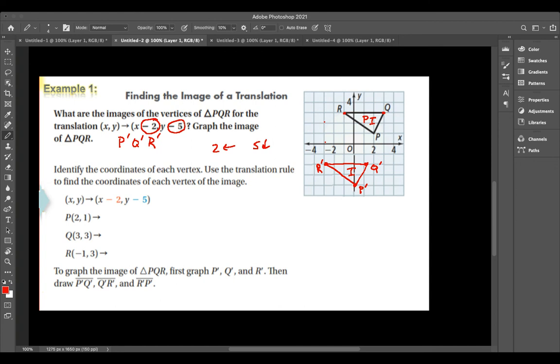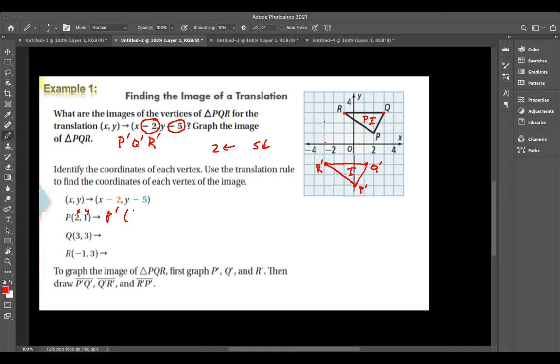Identify the coordinates of each vertex and use the translation rule to find the coordinate points of each vertex of the image. So here's P. P is (2, 1). We know that. And this is the rule. Since P goes to P primed, we just plug in, this is x and this is y.